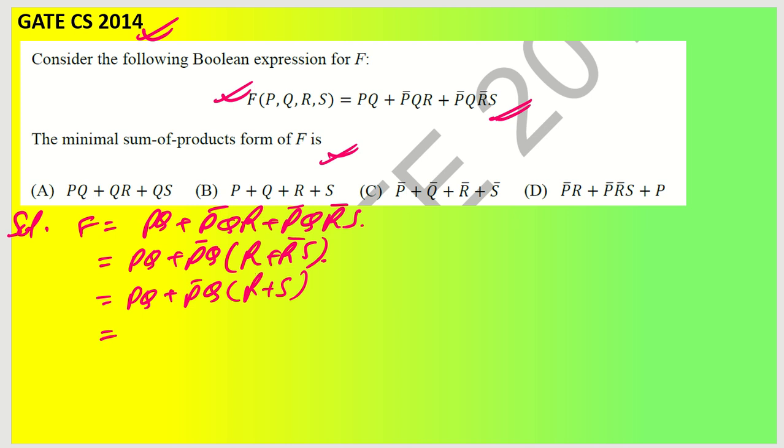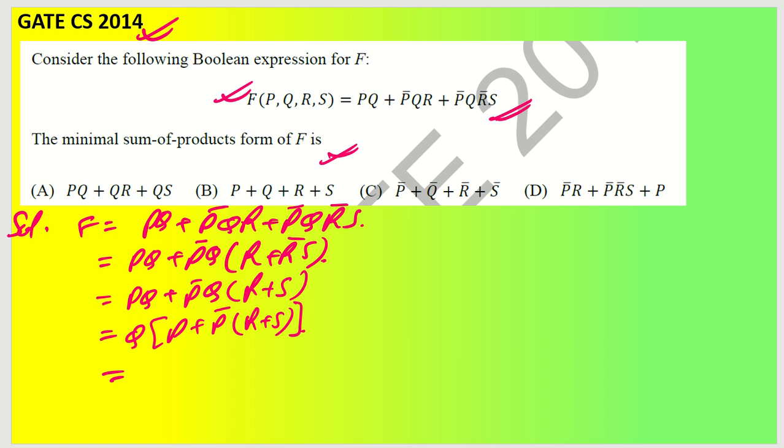Now we can take Q common from both of them, so I'll have Q into P plus P bar into R plus S. Sorry, here we have P bar, not Q, it is P bar.